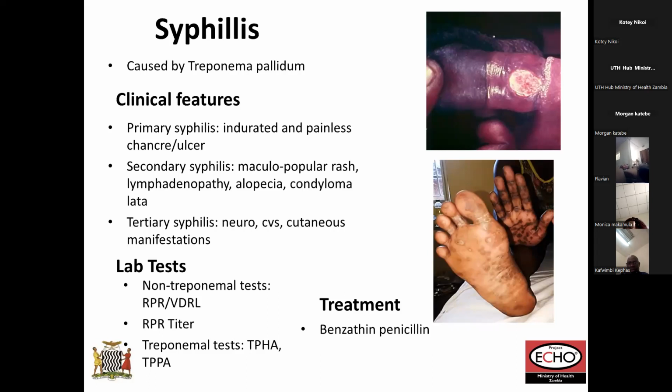And then they may also have some generalized lymphadenopathy. They may have alopecia, a certain type of moth-eaten alopecia, like an insect has been chewing on the hair. And then they may also present with patches on the genital areas or other areas, which are known as condyloma lata.